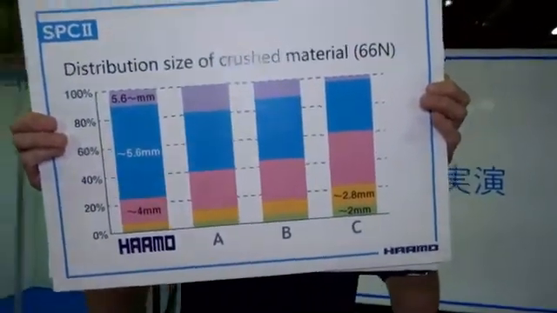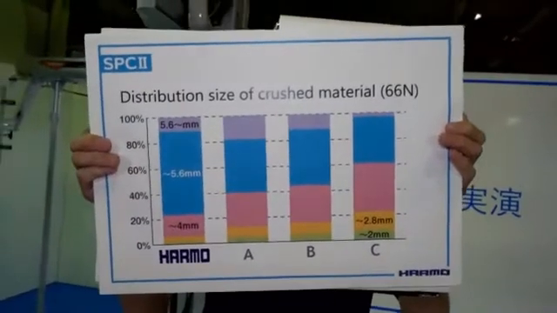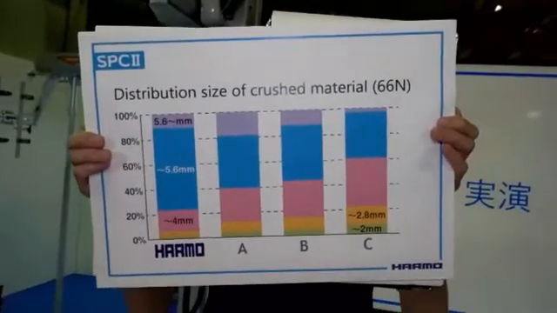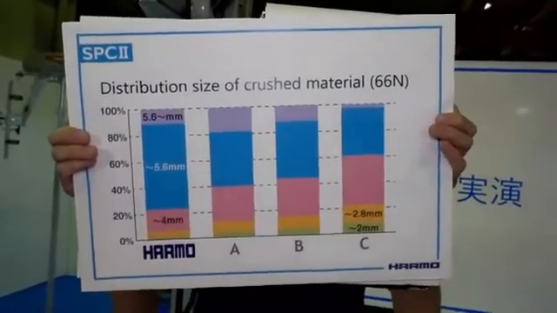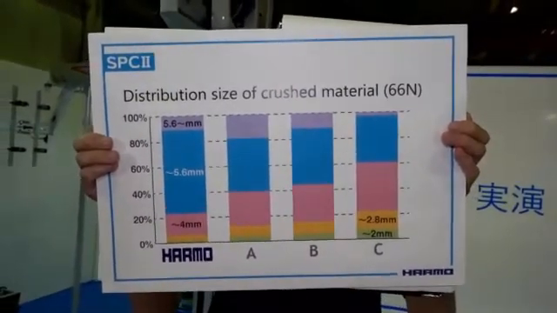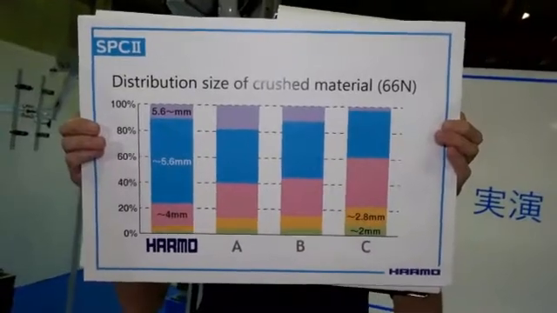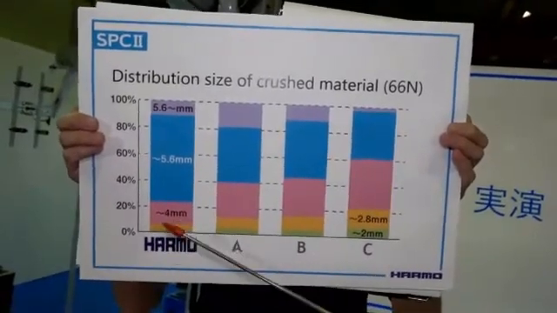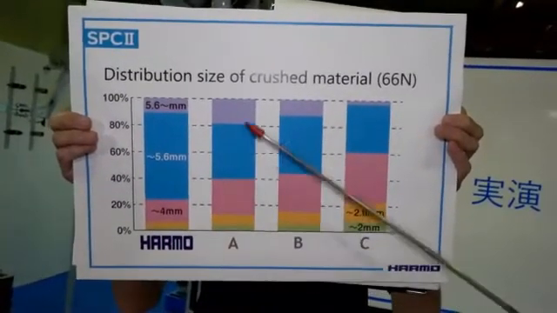Remembering what she told you now, please watch this flip chart. Here is a chart comparing four crushers from different manufacturers. This is to show the size distribution of recycled material.